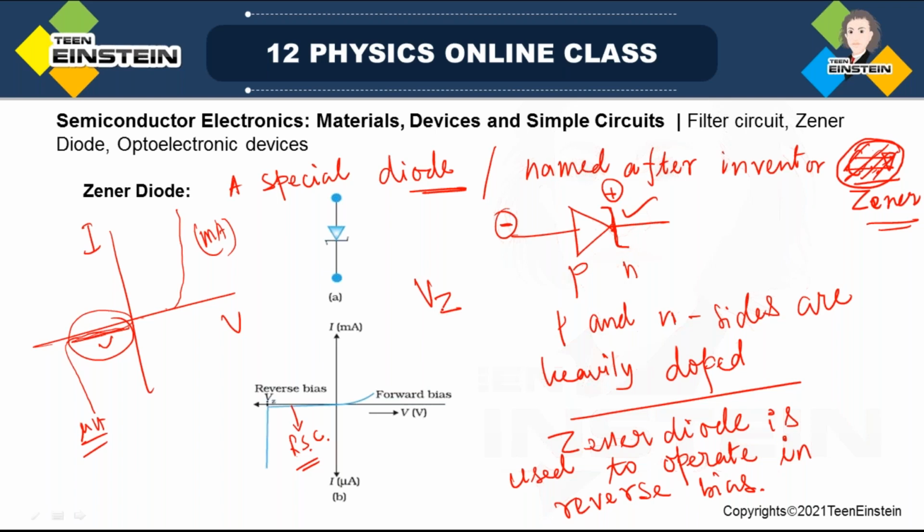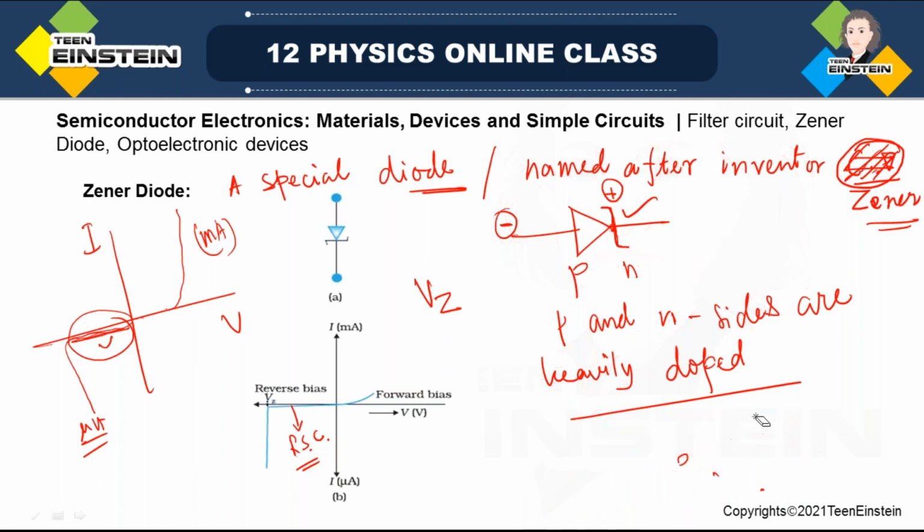Basically this is the breakdown voltage for a Zener diode, sometimes called the Zener voltage. At that Zener breakdown voltage, there will be a very huge change in the current, whereas there will be almost no change in the voltage.